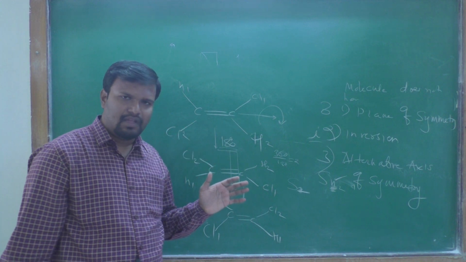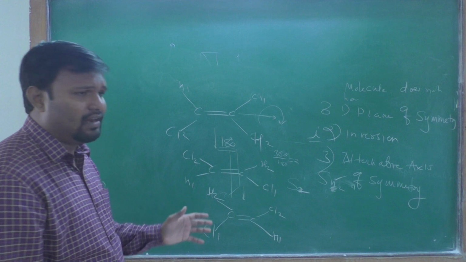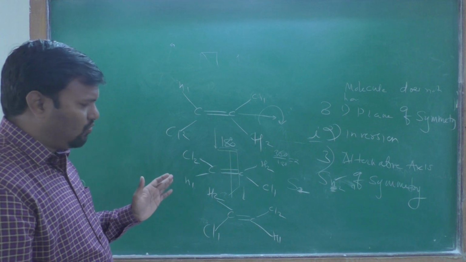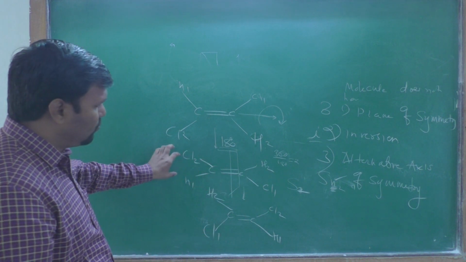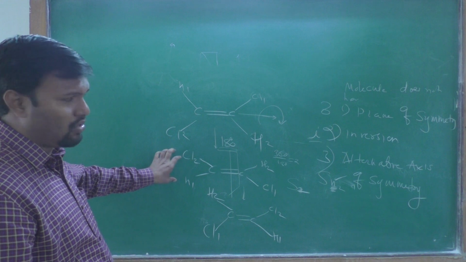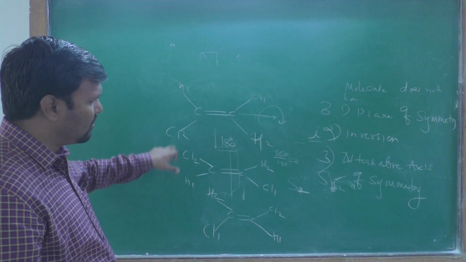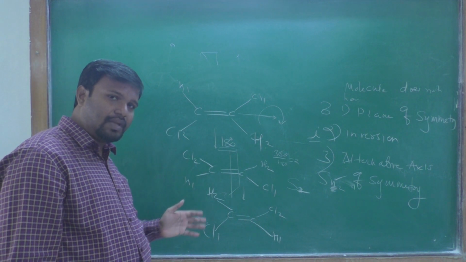We rotate the molecule through an angle and then pass the plane perpendicular to this rotated axis. After rotation, you may or may not obtain the same orientation. This orientation is different. This is not the same; first and second are equivalent.